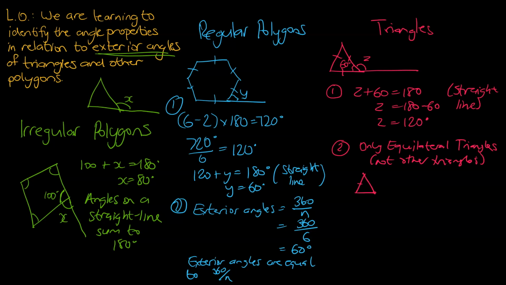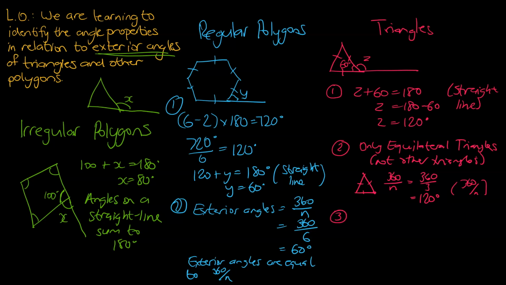And so our triangle has 3 sides, so 360 divided by n is the formula. 360 divided by 3 comes to 120 degrees. And that's the exact same as before. And just to justify that, friendly reminder, you'd use your 360 divided by n formula to do that.